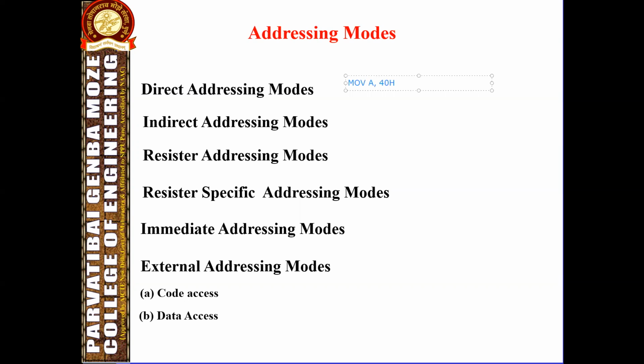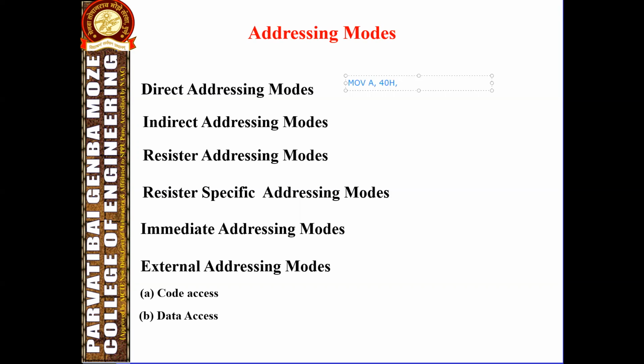This is nothing but the address 40H of the memory being moved into accumulator A. So, whatever data is present at memory location 40H will be moved into the accumulator A.